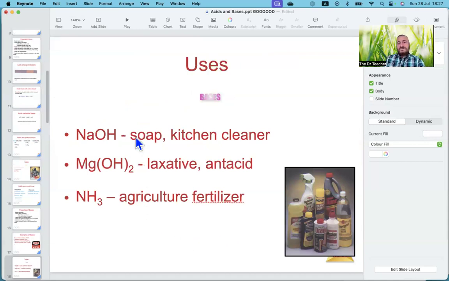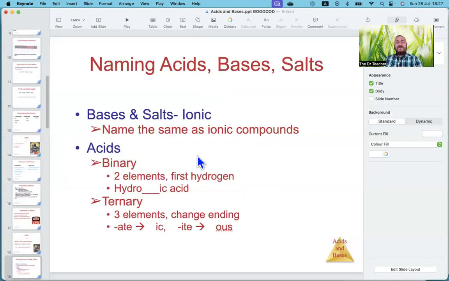NaOH is used in soap, saponification, or as a kitchen cleaner. You can use this hydroxide base as an antacid. NH3 is used as an agricultural fertilizer.